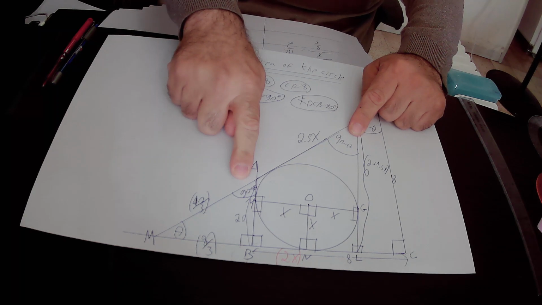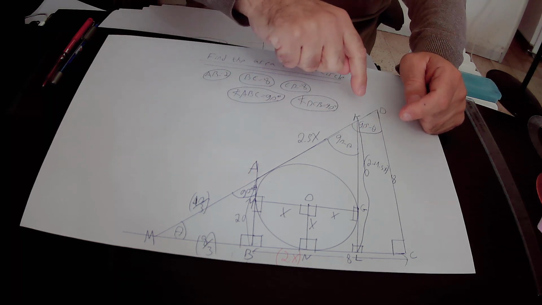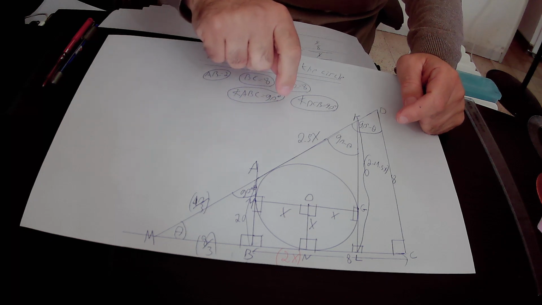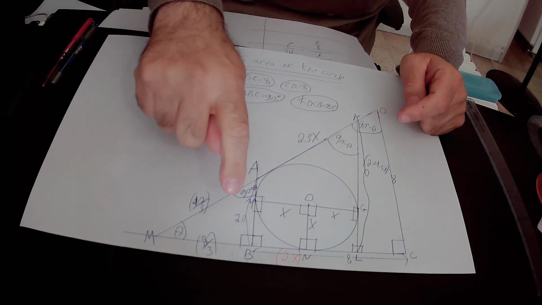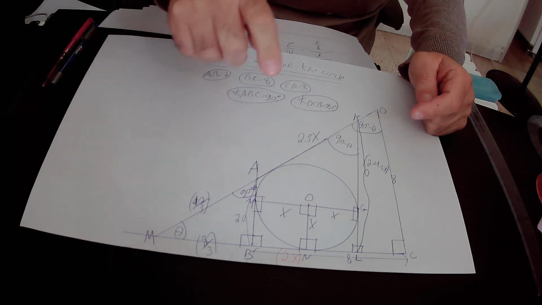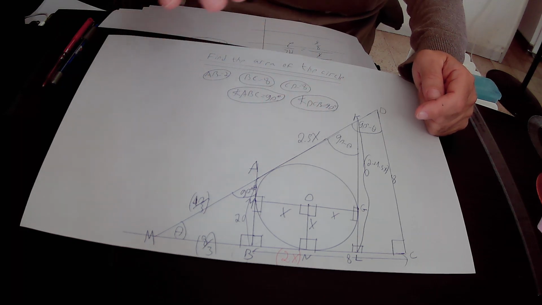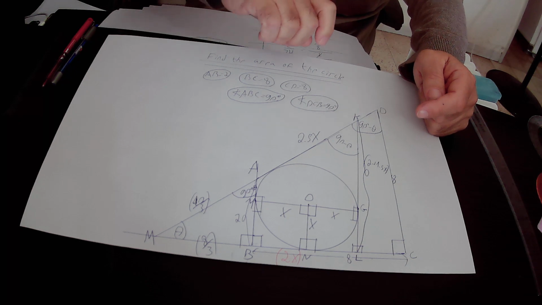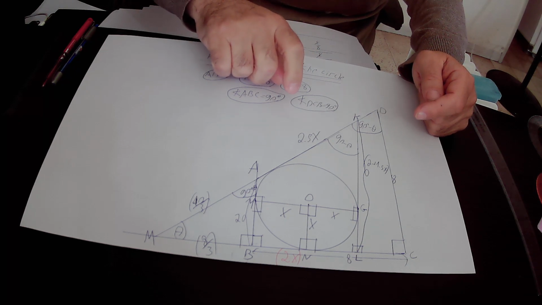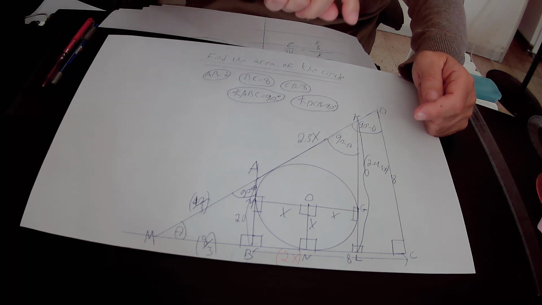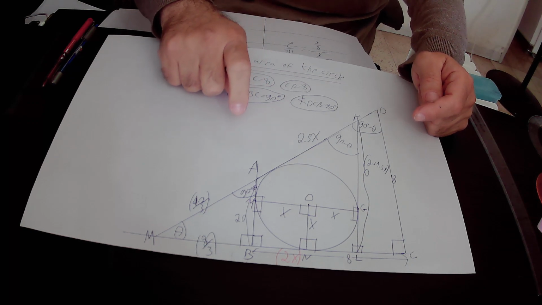So I actually found out that all the three angles in the big triangle KLM are correspondingly equal to all the three angles in the small right triangle ABM, therefore those two right triangles are similar to each other according to the angle similarity rule. And from the fact that they are similar to each other, we conclude that the following relationship exists between their sides.